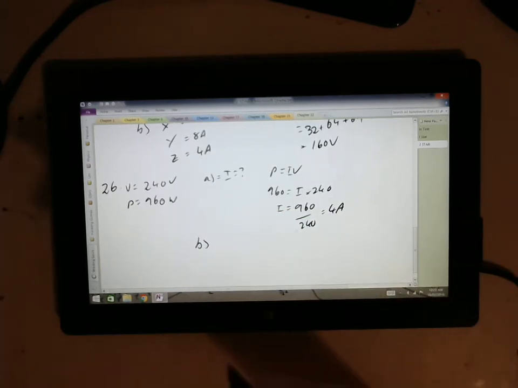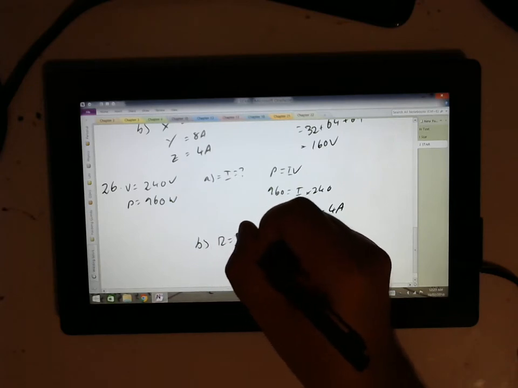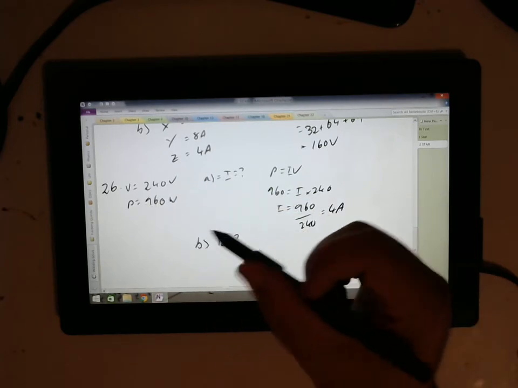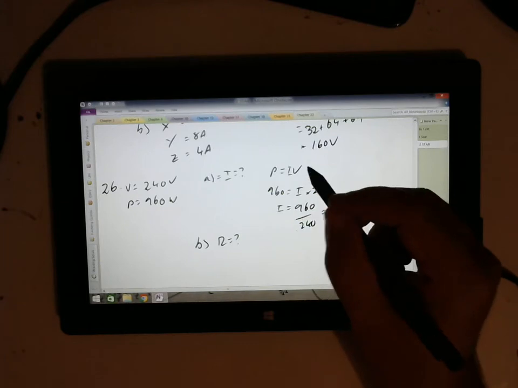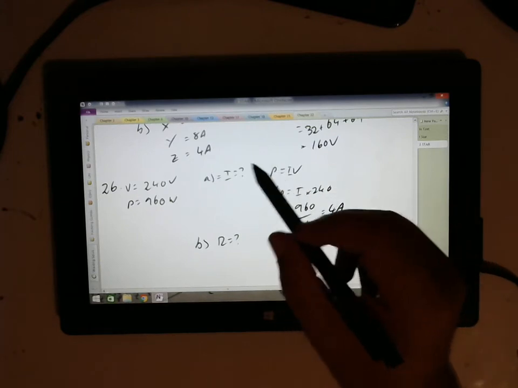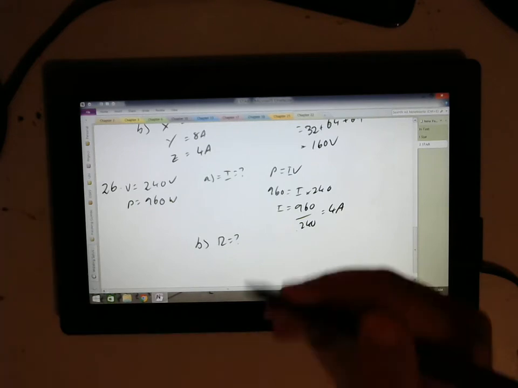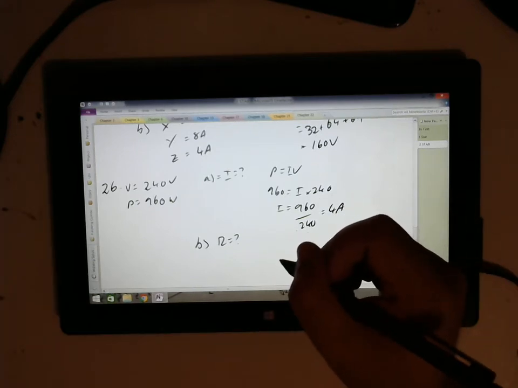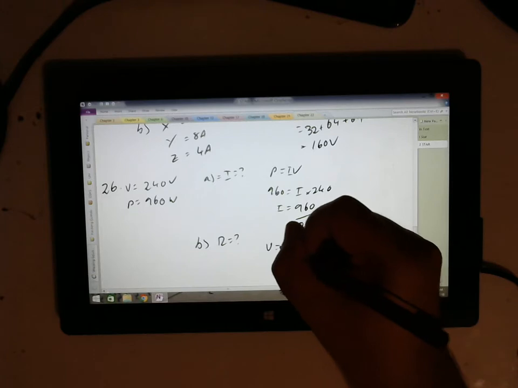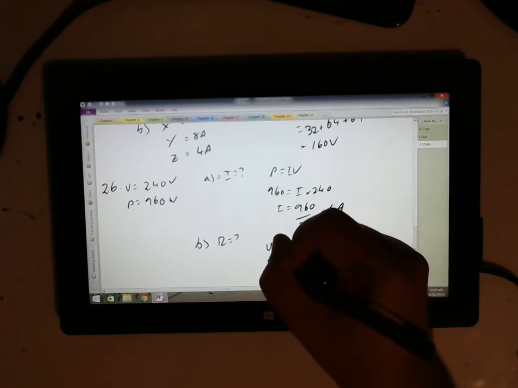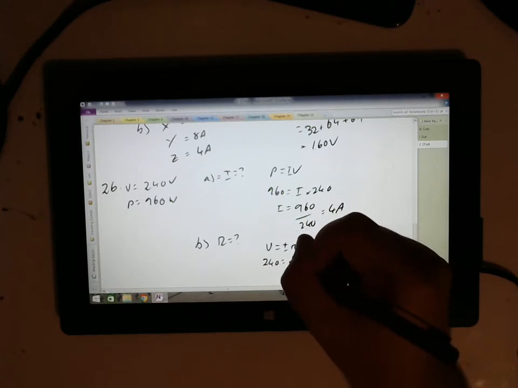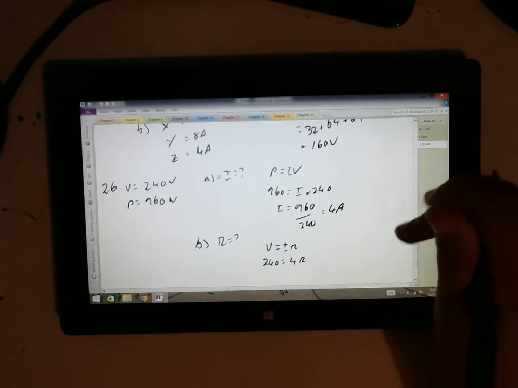If we go to B, what's the resistance? Again, we have a relationship between V, P, and R. Oh, we could use Ohm's law. We could use V, I, and R, since I is a nice integer number. Anyway, let's use that. V equals IR. 240 equals 4R.